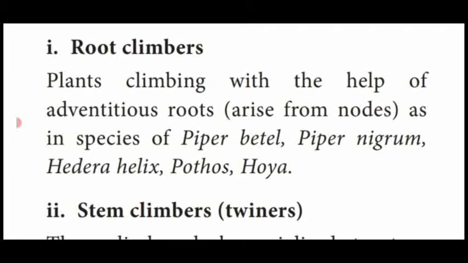Hedera helix, pothos, that means money plant, and Hoya. So these are all different weak stemmed plants. They need to climb with the help of a supporting plant by producing a special type of root, that means adventitious roots in the nodal region, to climb up the plant. Those climbers are known as root climbers.